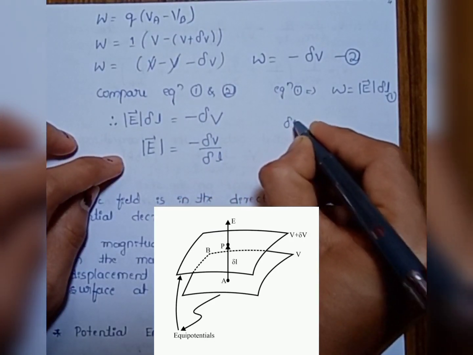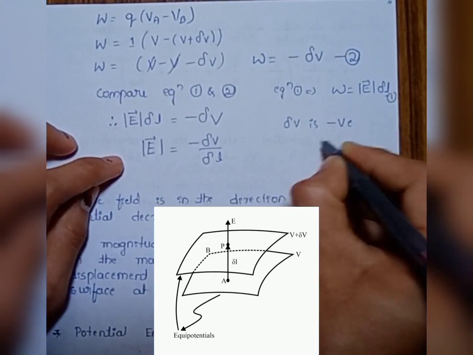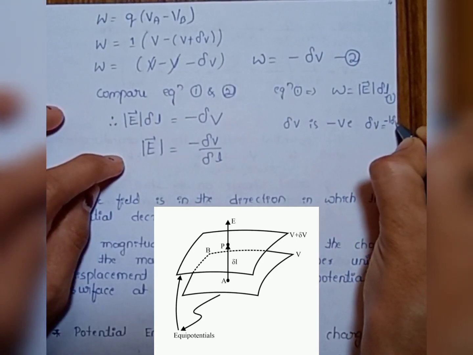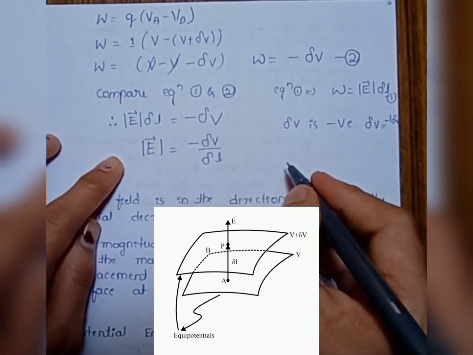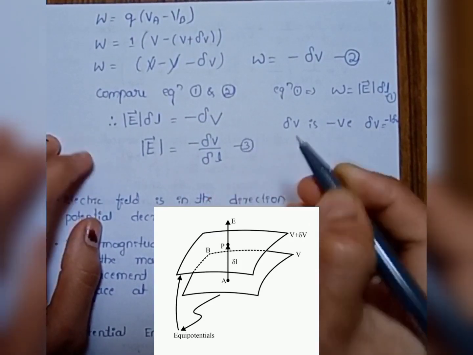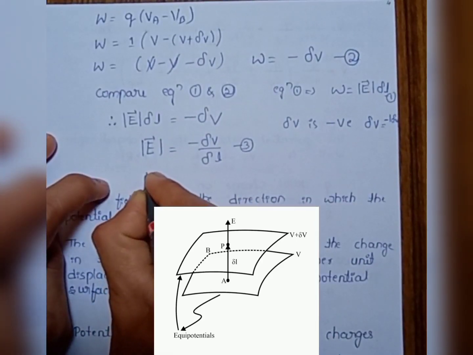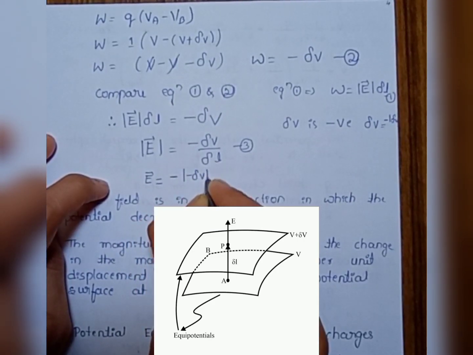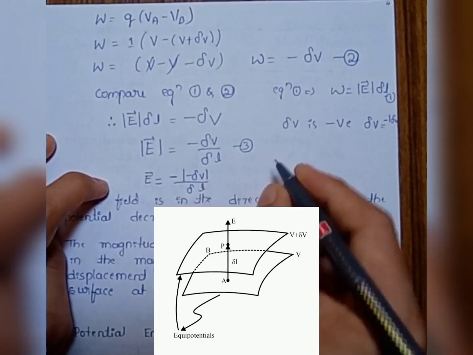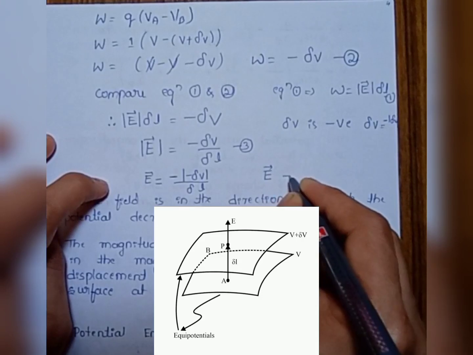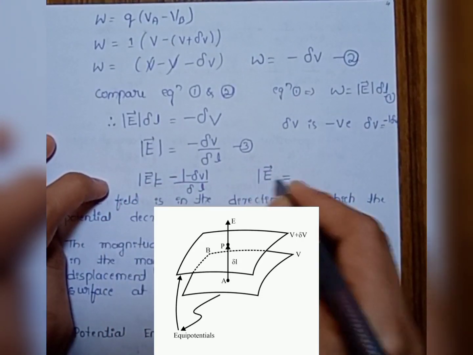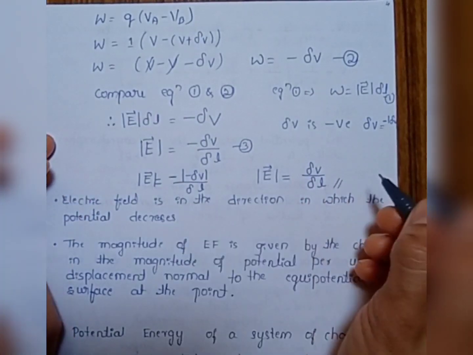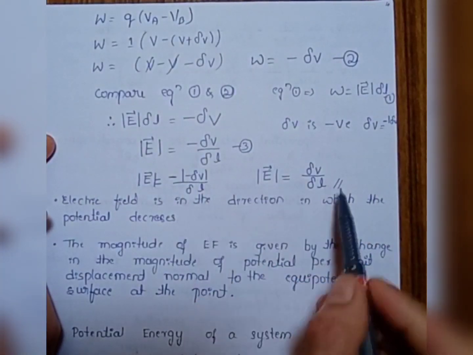Here, delta V is negative, so delta V can be written as minus delta V. Then equation 3 becomes E is equal to minus of minus delta V divided by delta L. Therefore, E is equal to delta V divided by delta L. Here, the electric field is in the direction in which potential decreases.